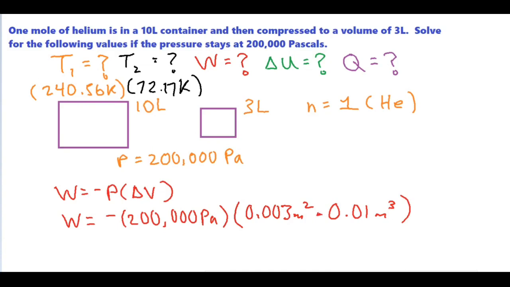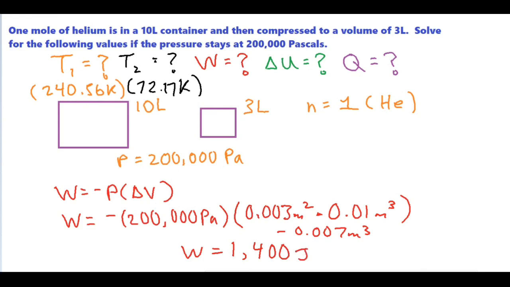Now from there, we would take the negative times 200,000 pascals, and find the difference of these two volumes, which would leave us with negative 0.007 meters cubed. When we find the product of those two things, that will leave us with a work value of 1,400 joules.